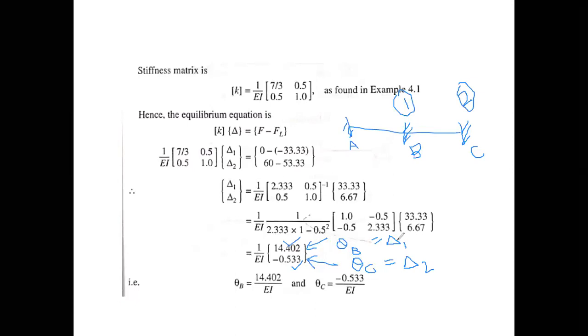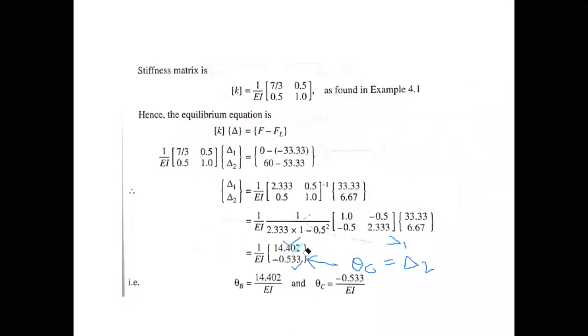Delta 1 will be 14.402, that is equal to theta B, and delta 2 will be equal to minus 0.533, that is equal to theta C. So we can finally write theta B is equal to 14.402 upon EI and theta C is equal to minus 0.533 upon EI.